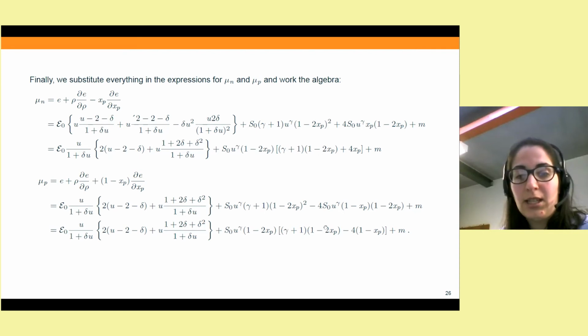If we just do one minus the other one, we will just get this term here times this factor here: the symmetry energy at saturation density times U to the gamma, times minus 4 and 1 minus 2 times the proton fraction. Okay, if you remember these expressions here, we will need them later on in this exercise.